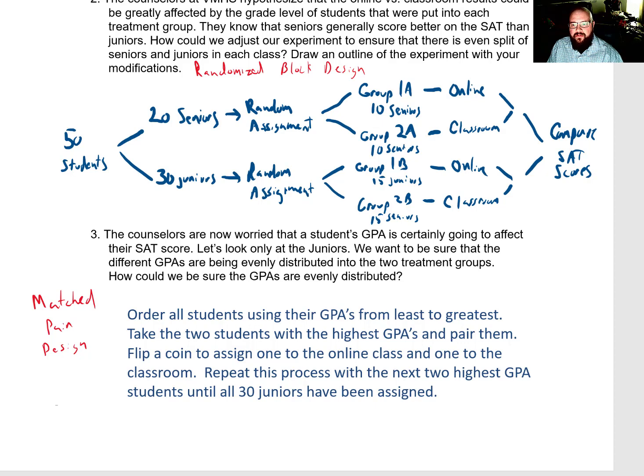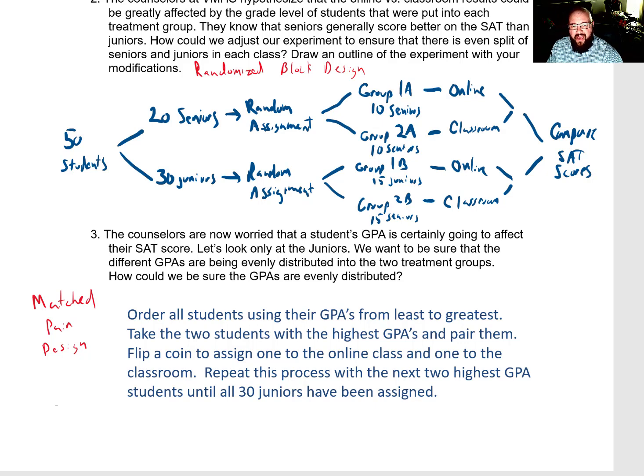Then we're going to repeat this process with the next 2 highest GPA students until all 30 juniors have been assigned. So we're taking the top 2, pairing them together, flipping a coin. One goes online, one goes to classroom. Then we take the next 2 highest, online, classroom. Then we take the next 2, and so forth until we have them all split up, okay?